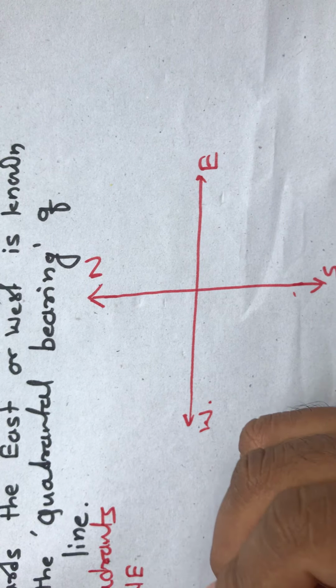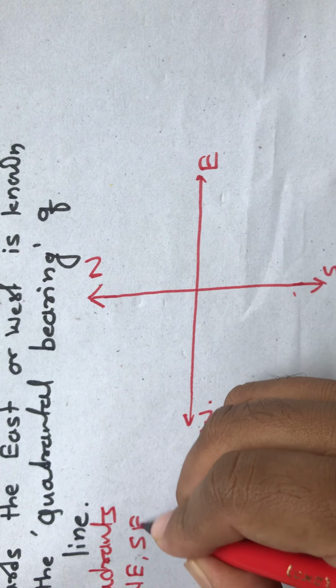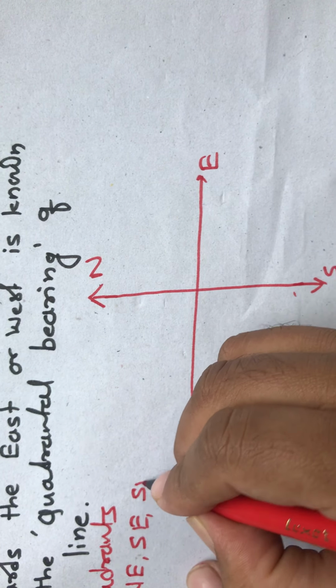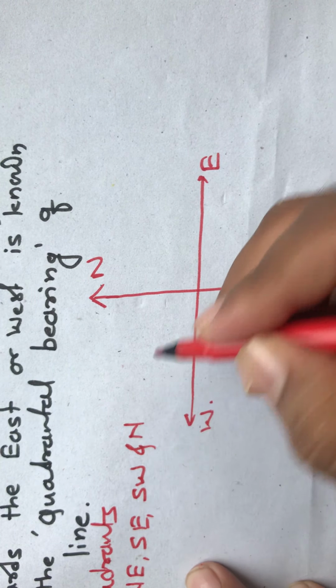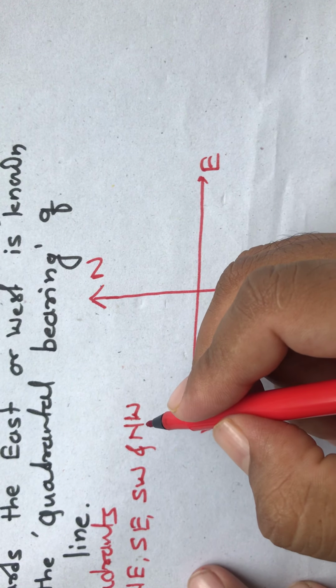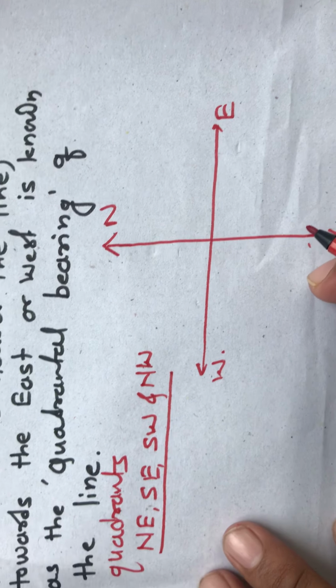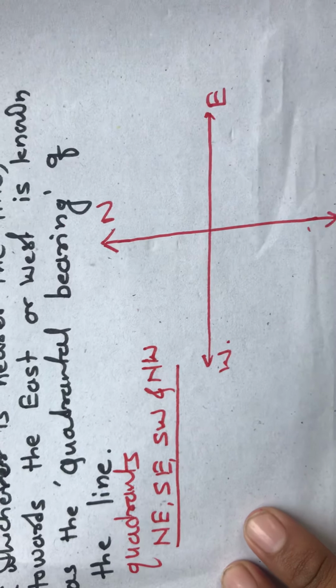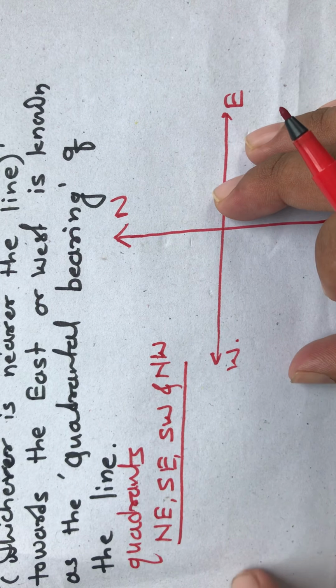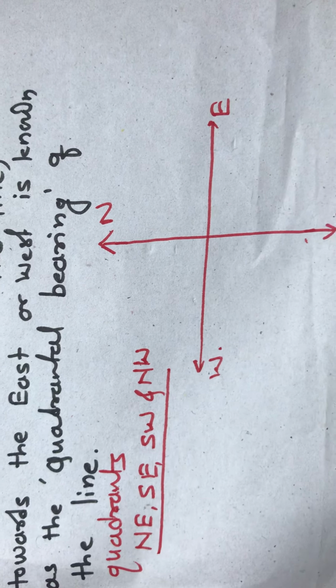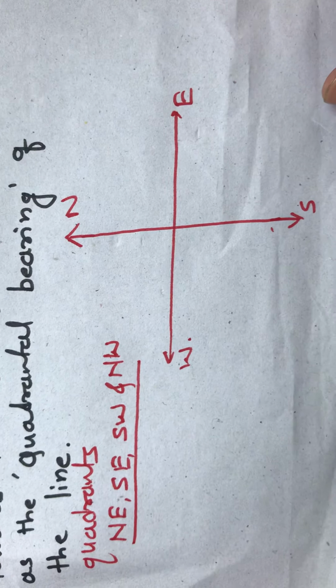We have northeast, southeast, southwest and northwest. Correct? We have 4 quadrants.